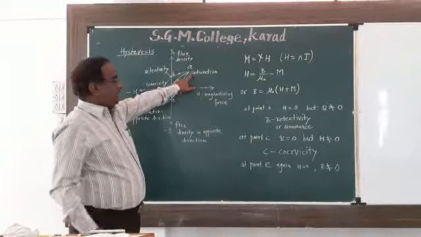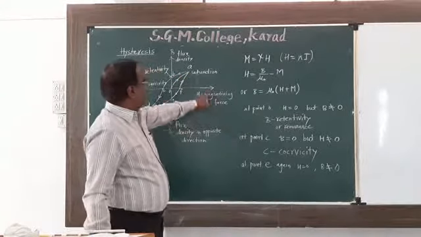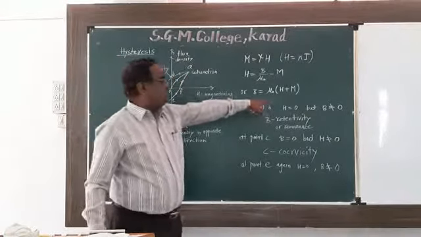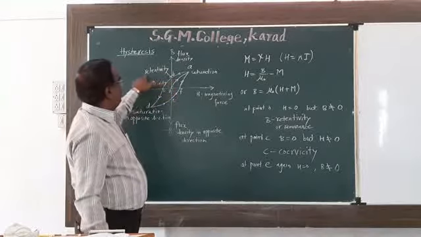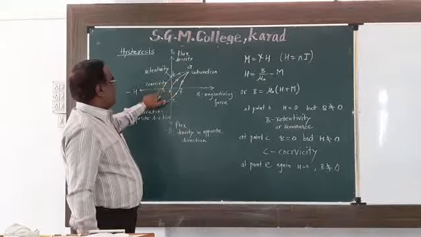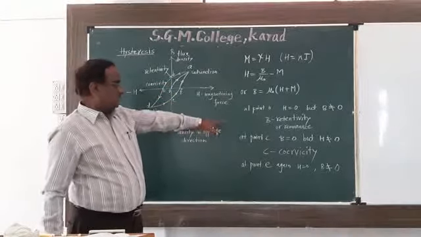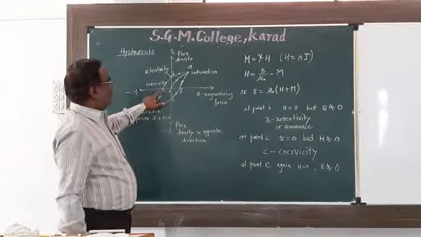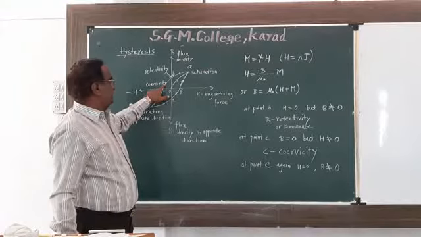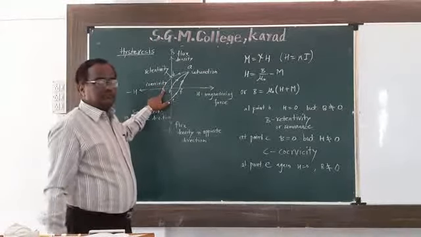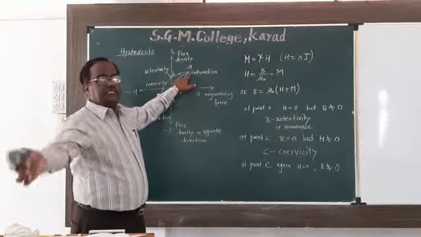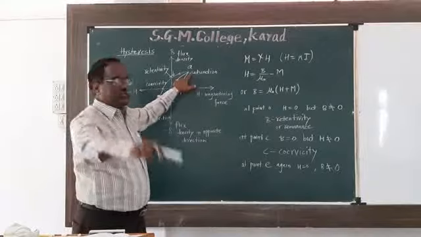Remember, at point A, saturation occurs. At point B, H is equal to 0, B is not equal to 0. This point is called retentivity of the ferromagnetic substance. At point C, B is equal to 0, but H is not equal to 0. This point is called coercivity. Domain axes are randomly oriented here. At point A, all domain axes are in the direction of the field.